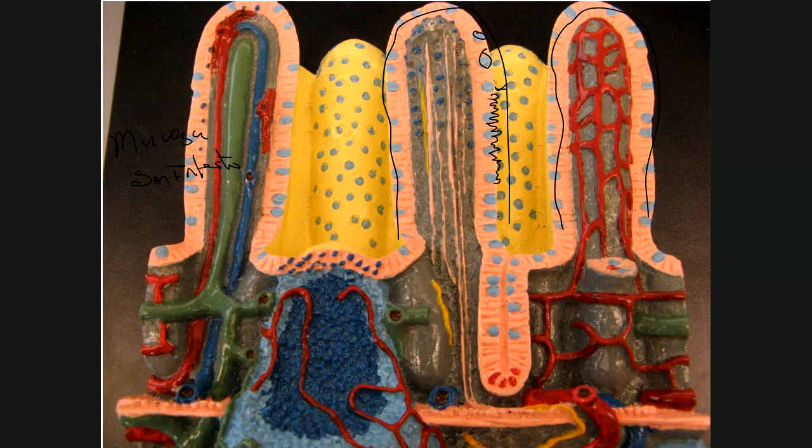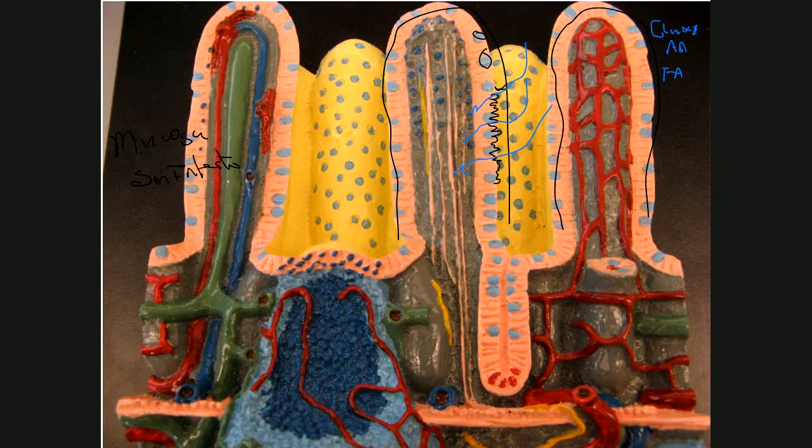And so what is going to happen here is across this surface area, we're going to absorb all kinds of materials. We're going to absorb things like glucose and amino acids and vitamins and fatty acids and all sorts of things.